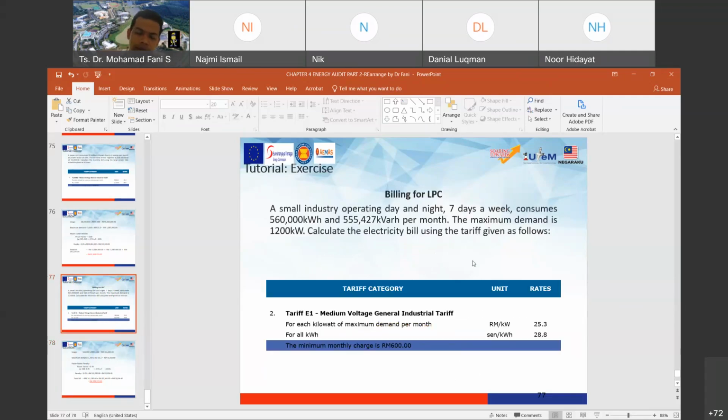So which means please consider, if the question asks you to find the total electricity bill, please consider the power factor charge if the question gave you the information about the reactive power. Senang macam tu je.